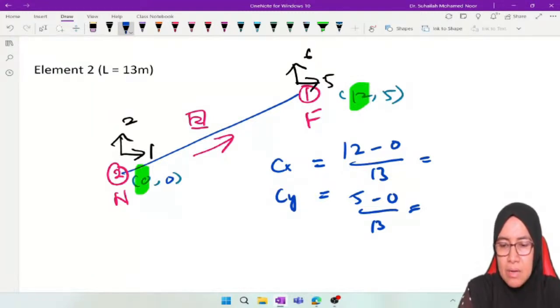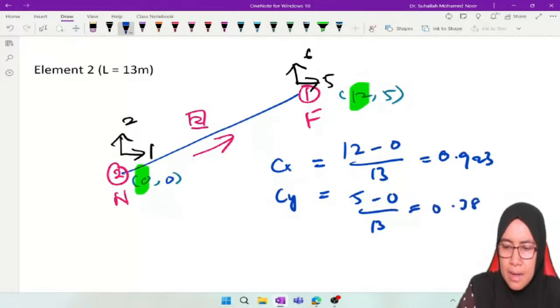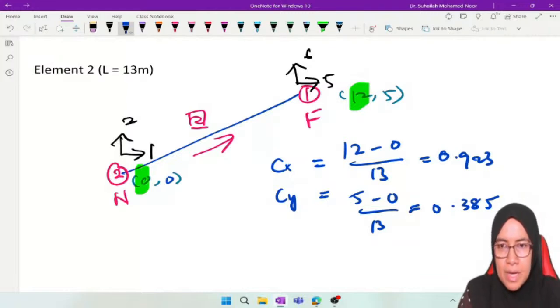Okay, Cx is 0.923 and Cy is 0.385. Correct.